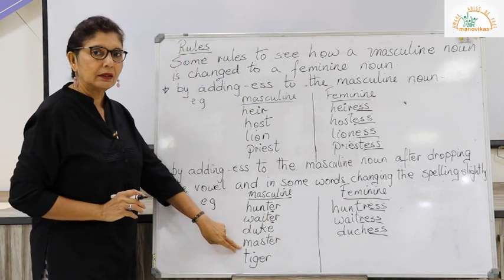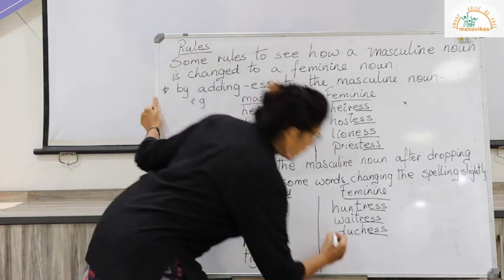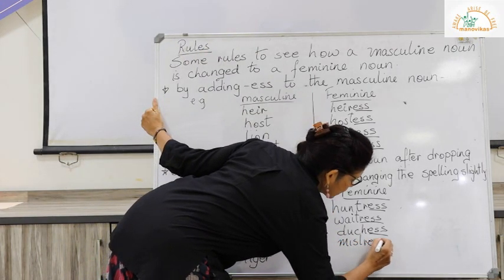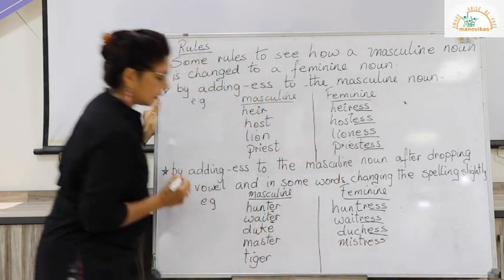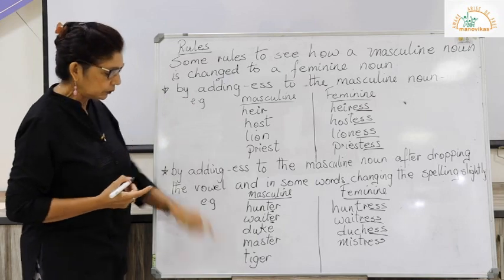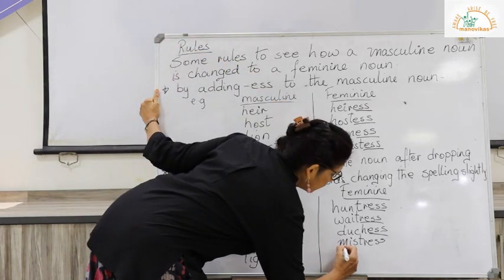Master. What is the feminine of master? I'm sure you all know it. Mistress. So here again the word changes from master to mistress, but ESS is there. Tiger changes to tigress.